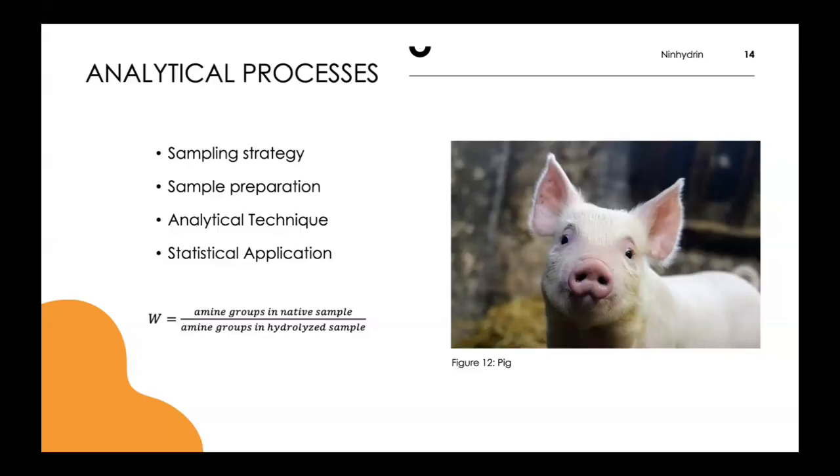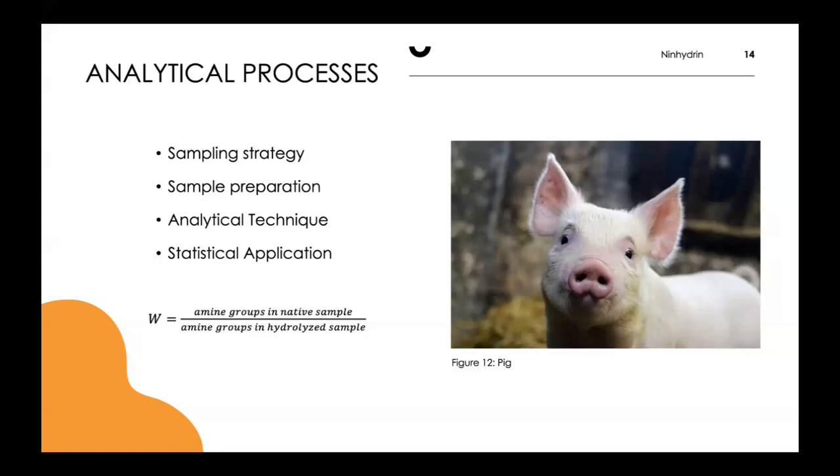Each filtrate was then divided into two analytical subsamples. Sample A, the non-hydrolyzed native sample that would measure free aminos and free peptides, and sample B, the hydrolyzed with HCl sample that contained broken down peptides and measured total amine groups from amino acids and peptides.